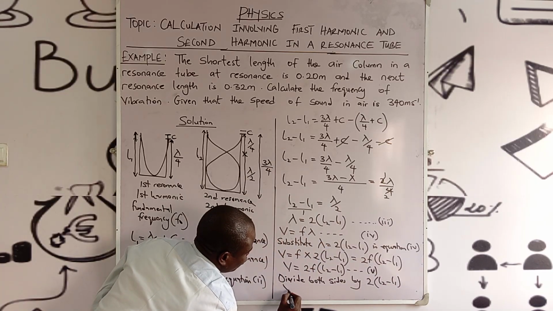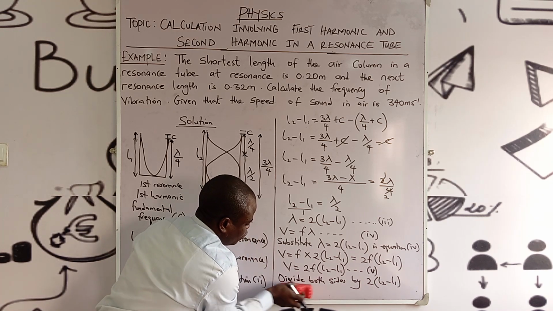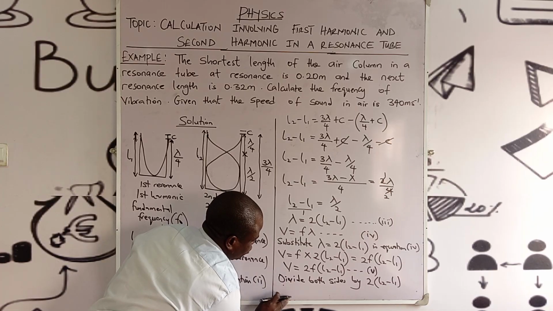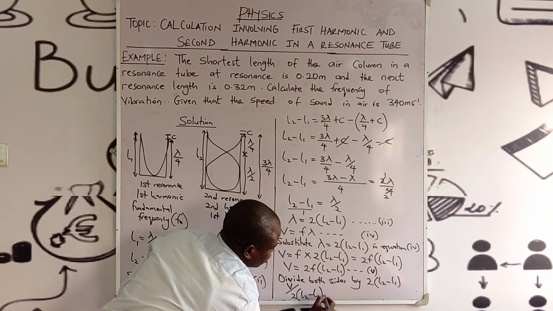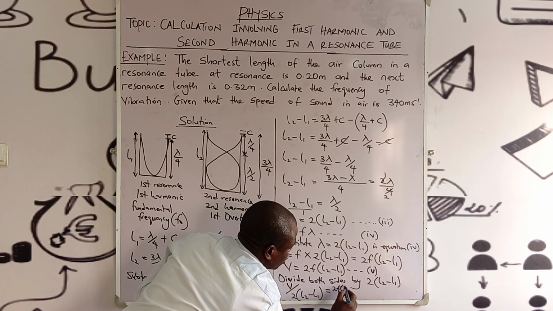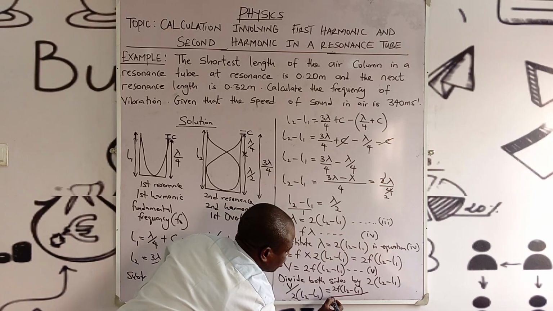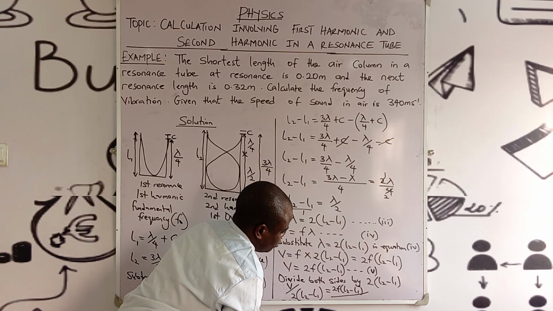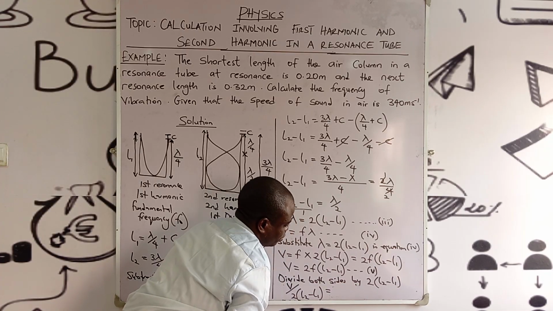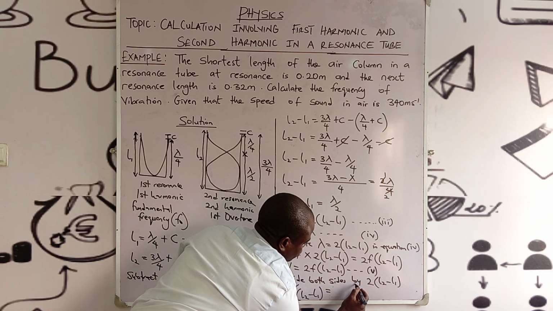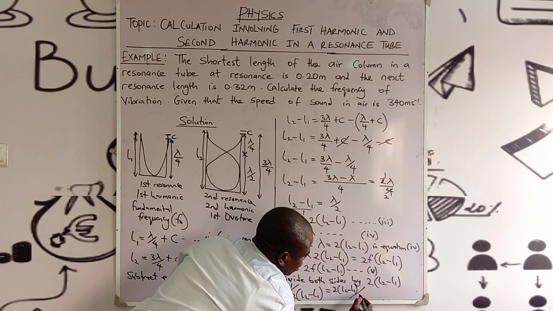When you do that, you have V divided by 2 into L2 minus L1 equals 2F into L2 minus L1 divided by 2 into L2 minus L1.